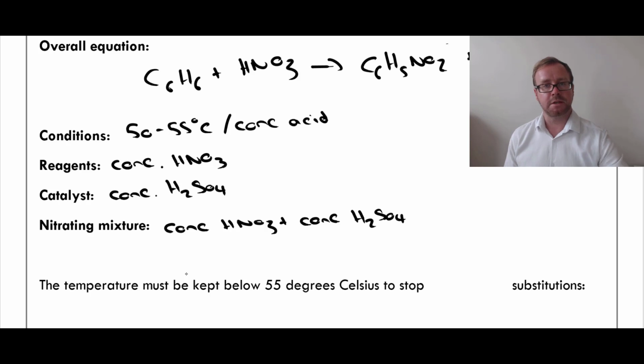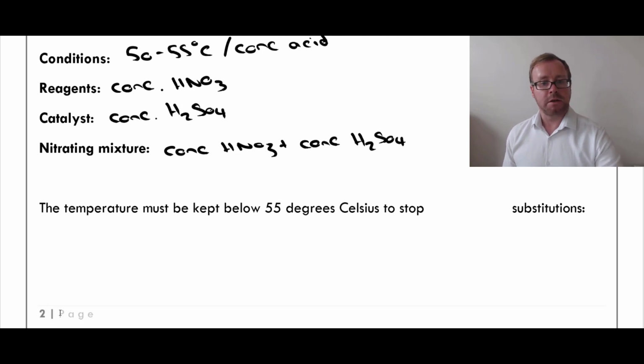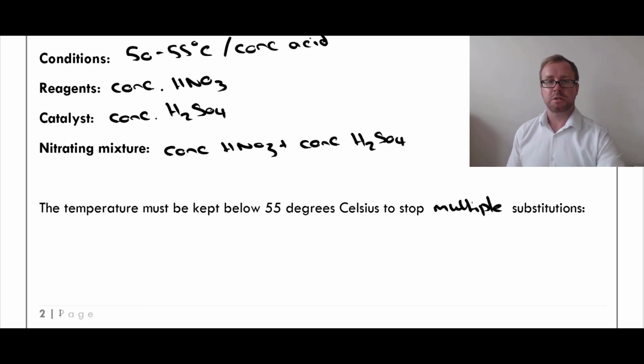So I've mixed my two acids together. And the temperature must be kept below 55 degrees Celsius to stop multiple substitutions. So if we go above 55 degrees Celsius, maybe we get more nitro groups added than we want to. Okay, so let's carry on.